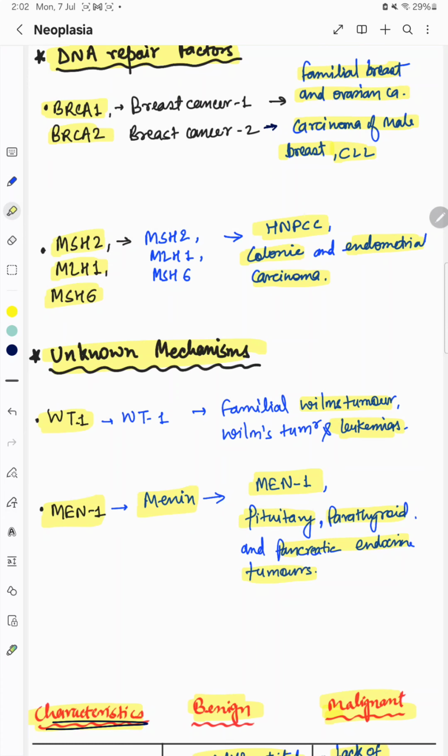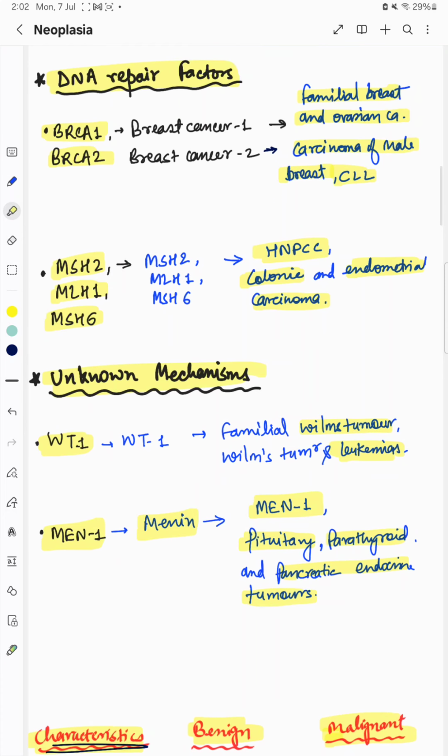So these are the 7 categories of tumor suppressor genes that we have discussed. In another lecture we will discuss the cell cycle and 2 very famous tumor suppressor genes, the RB gene and P53 gene. Thank you.